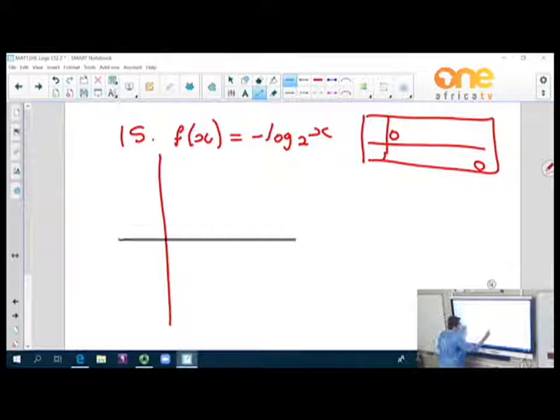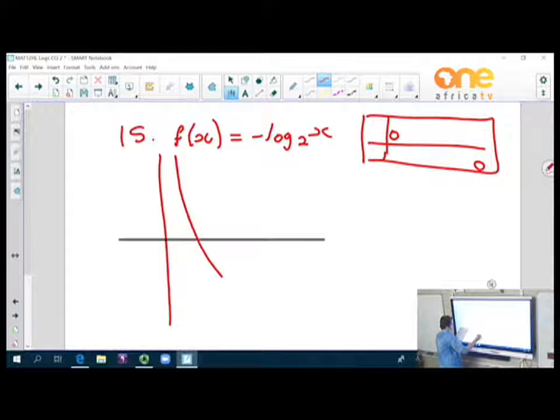So if we draw the graph now here, it looks like this. It is a logarithmic graph, and this is then f(x). Remember to label them. Draw your arrows, asymptotes. We need all those things. It will cut there at (1, 0). It will not cut the y-axis because of the asymptote.